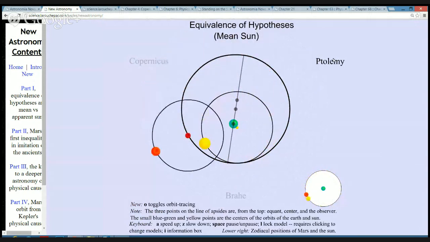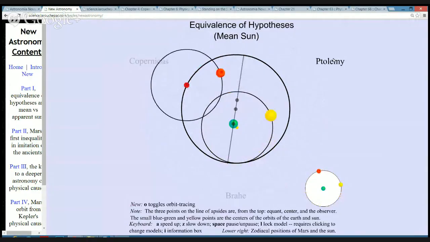The way that Ptolemy explained the motion of Mars is he said that you have the motion on the deferent, and then around that point there's also an epicycle which carries Mars and makes it go backwards from time to time. That might seem a little bit silly, certainly does to us, doesn't it? But that's what he said.